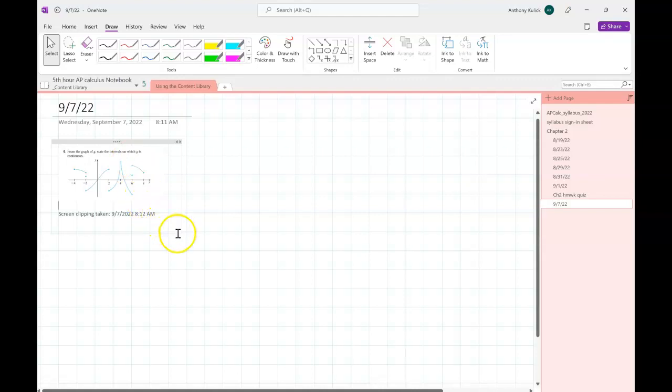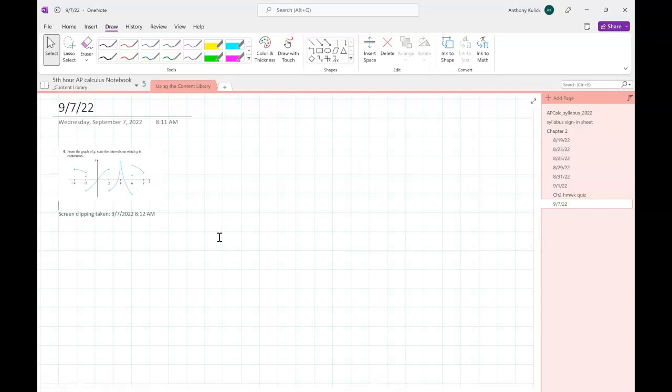All right. It says, from the graph of G, state the intervals on which G is continuous.